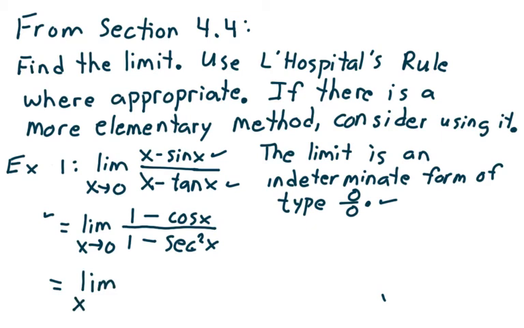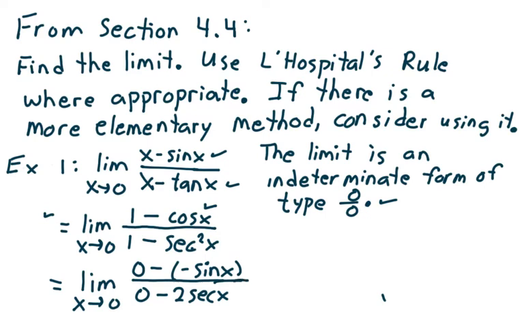And so this is the limit as x goes to 0 of the derivative of 1 is 0. The derivative of cosine x is negative sine x. So we have minus a negative sine x. So that's the top. The bottom is 0 minus, if I apply the chain rule, I get 2 secant x times the derivative of secant x, which is secant x tangent x.